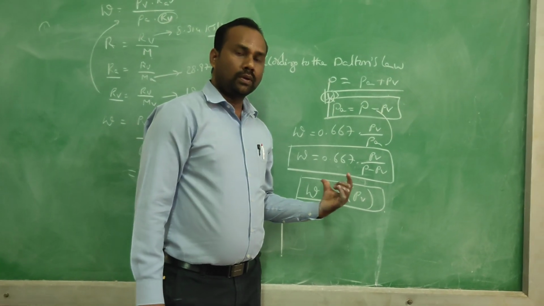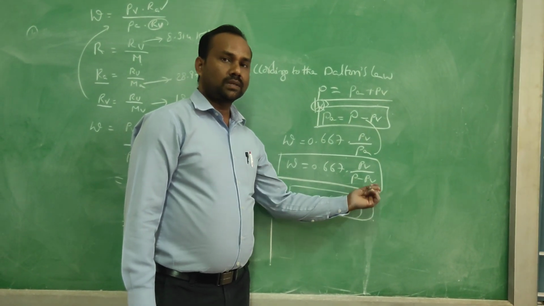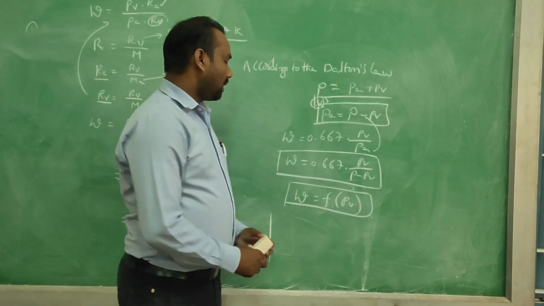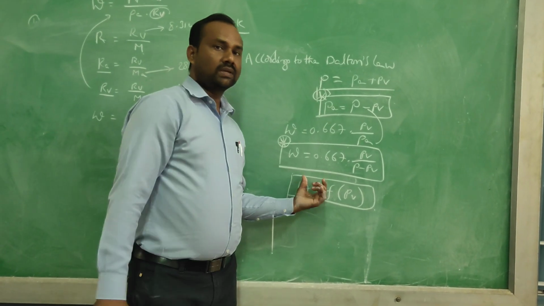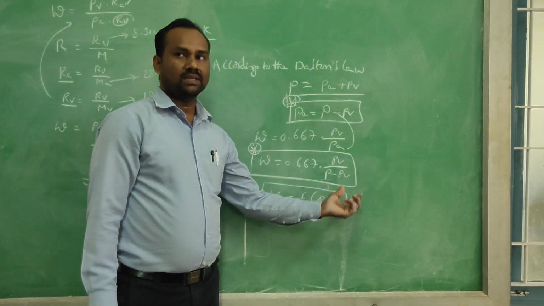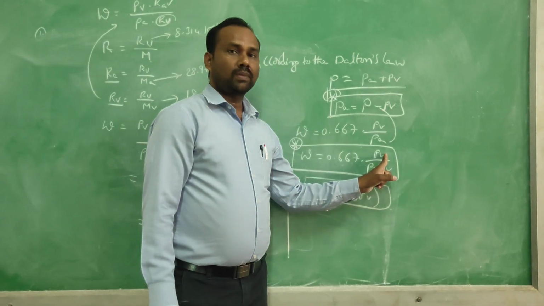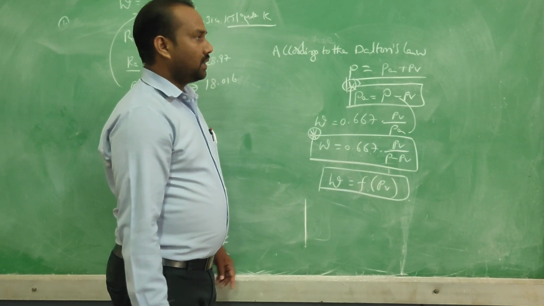So humidity ratio or specific humidity is measured in terms of partial pressure of water vapor, and analytically we can evaluate it by using this equation. Omega is given as 0.667 PV by P minus PV, where PV is called the partial pressure of water vapor, and P is called the total pressure of the atmospheric air.